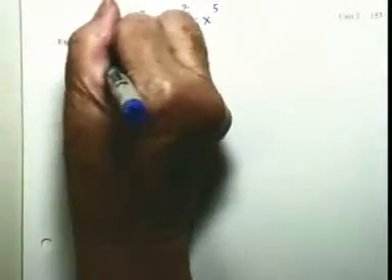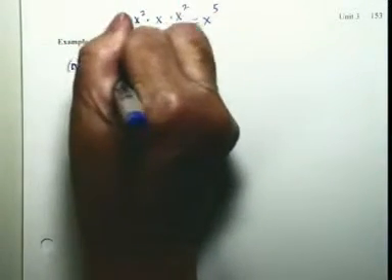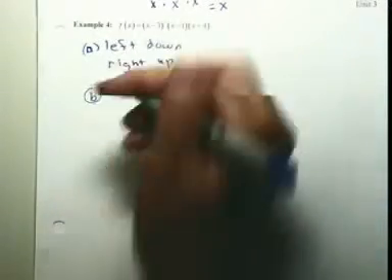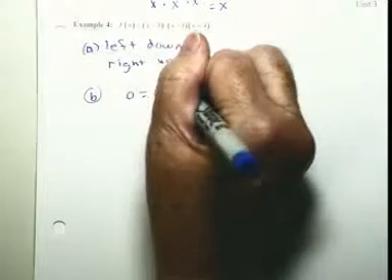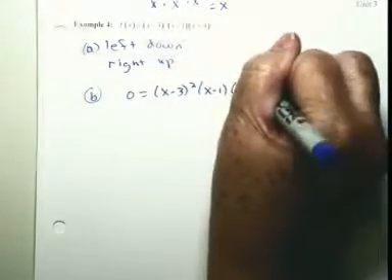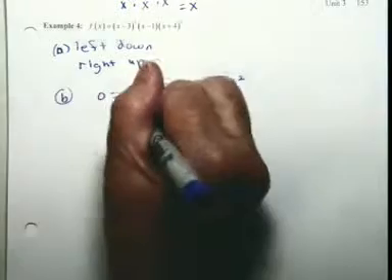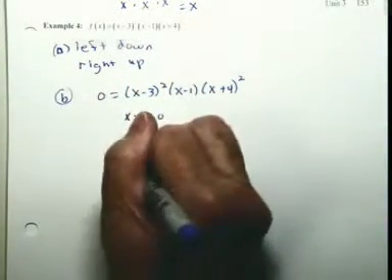So it is going to be left down, right up. When I go to solve for just a second, I ignore that squared, so I get x equal 3.